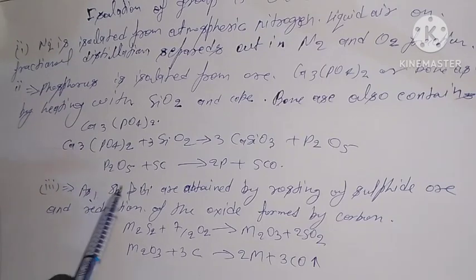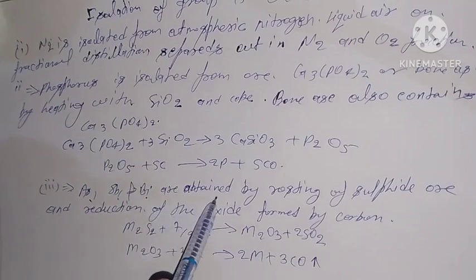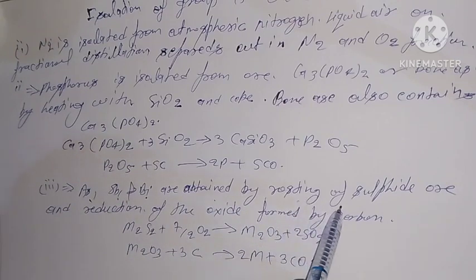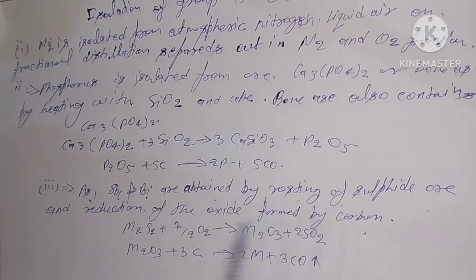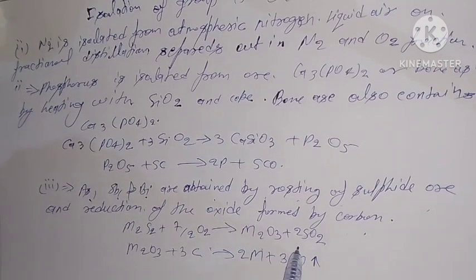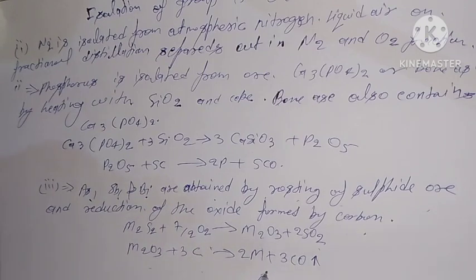Arsenic, antimony, and bismuth are obtained by roasting of sulfide and reduction of the oxide by carbon.